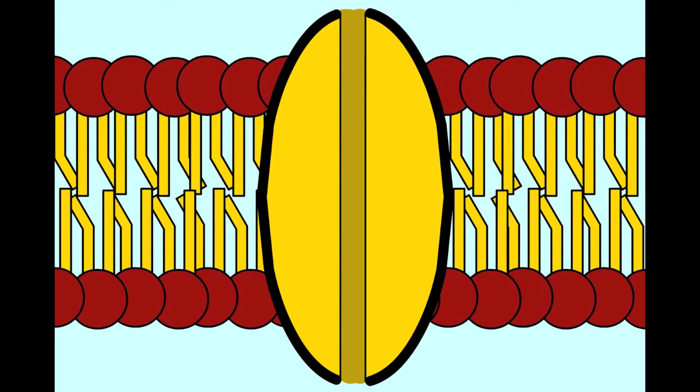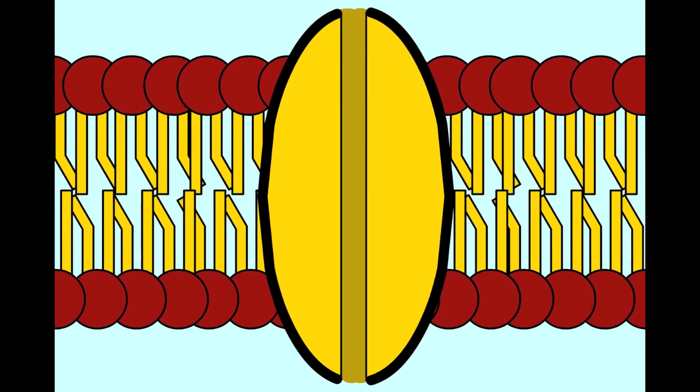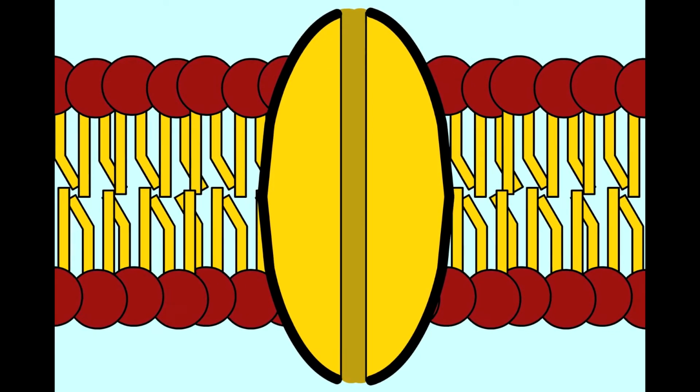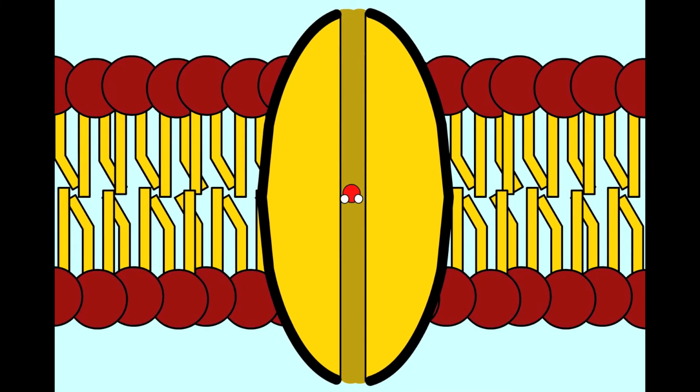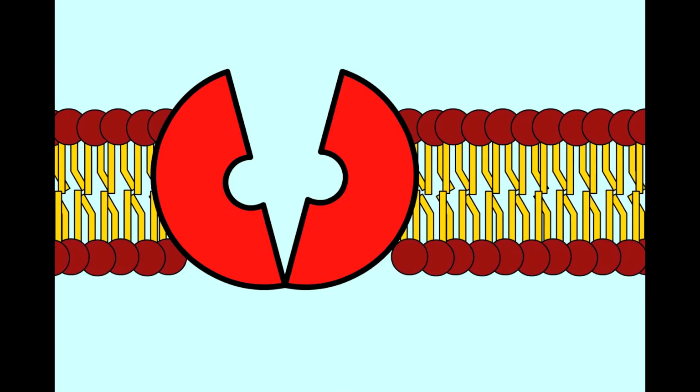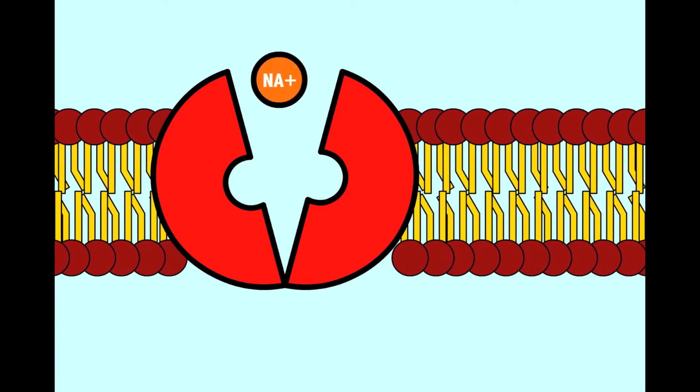Differently, the channel proteins have a channel in the middle, letting the chemicals flow in and out of the cell according to the concentration gradient. Channel proteins don't require any ATP at all to function. Both carrier and channel proteins have a certain shape and size that lets only certain chemicals and molecules pass through.